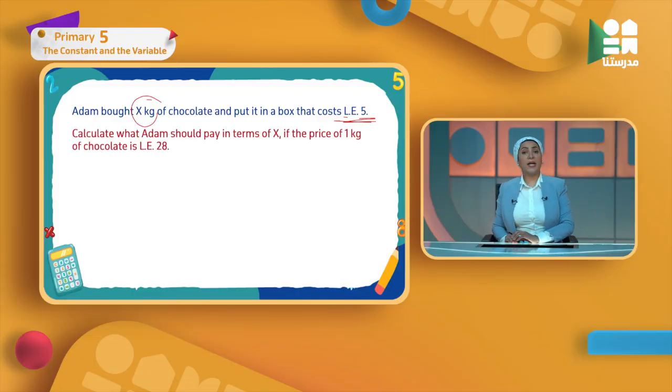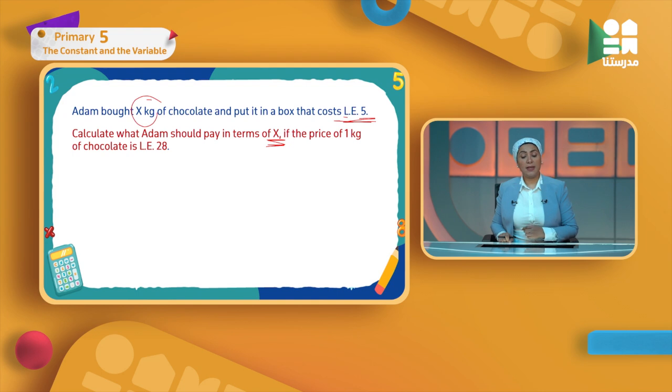Here, calculate what Adam should pay in terms of X. In terms of X means according to the number of kilograms that he buys. I want to know the total amount of money that he pays according to the number of kilograms that he buys. Given that the price of 1 kilogram of chocolate is LE28.